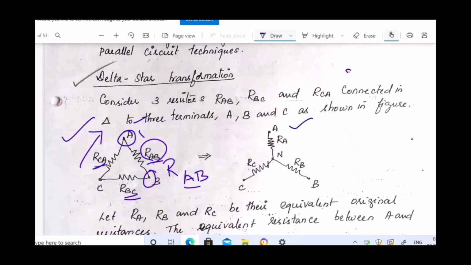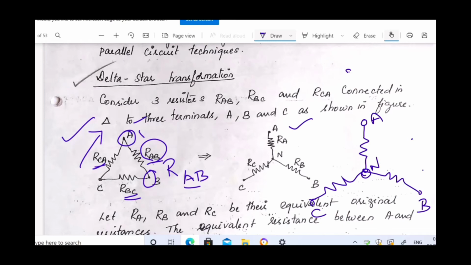Coming back to the star structure. Star structure means a resistor connected between two points: one point, A, and the next point should be the common point or a neutral point. Similarly, in a star connection or Y connection, it is framed between one terminal and one midpoint or neutral point.